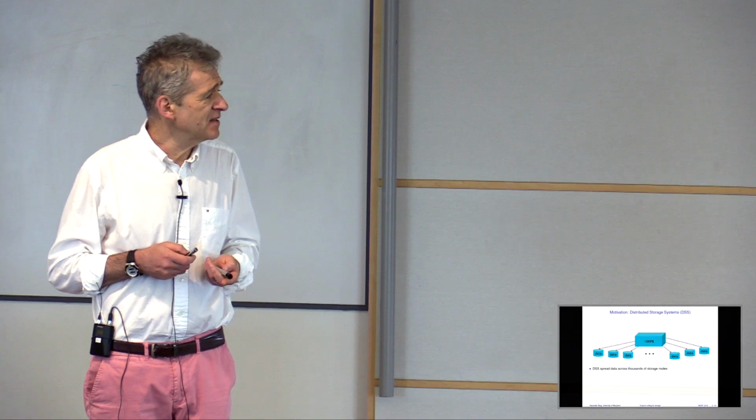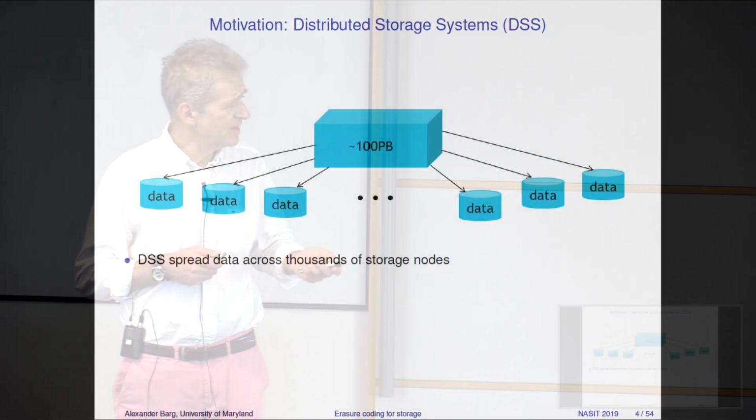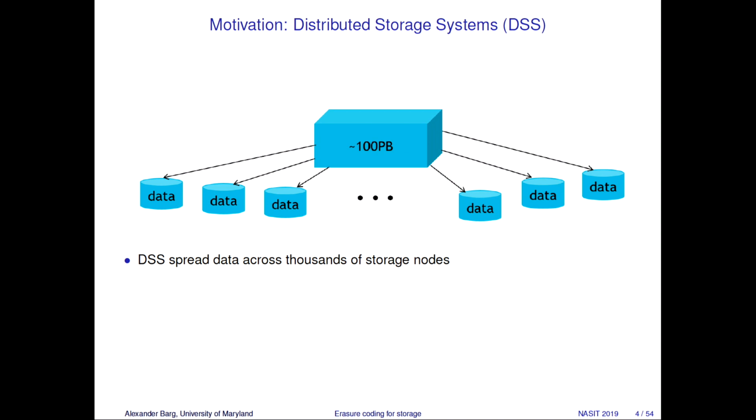If you visualize this data center as carrying a large volume of data, spread across the drives that you saw in the picture, so this is the storage drive, 2 terabyte drives that carry those pictures, then the data is spread across thousands of storage nodes, and of course the nodes fail frequently simply because of a little p probability of failure. As you multiply by the number of nodes, pn becomes large.